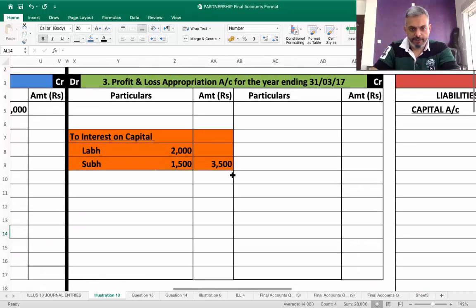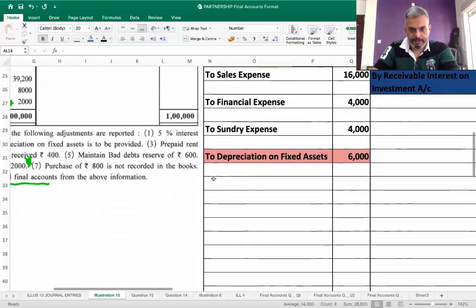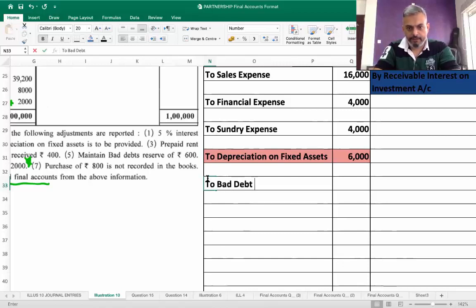Second effect, profit and loss account debit side to bad debt reserve 600.